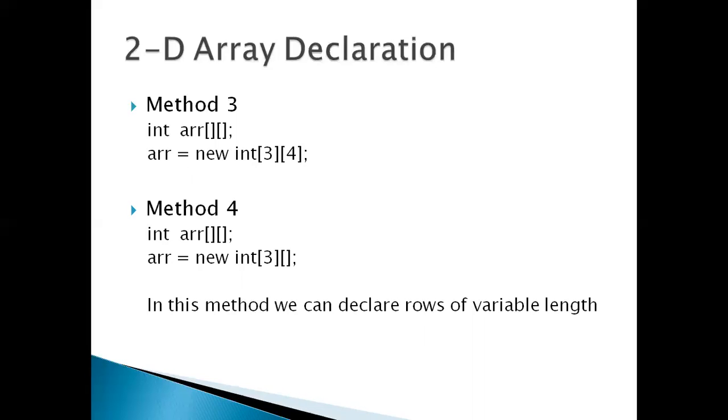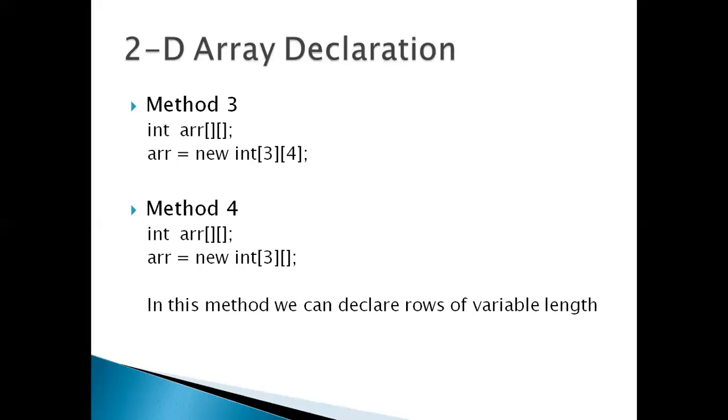And finally the fourth method. First we say int add followed by two square braces. That means the variable add will point to null. Then we specify add equal to new int, and in the first square braces we mention the number of rows, and we can keep the second square brace empty.